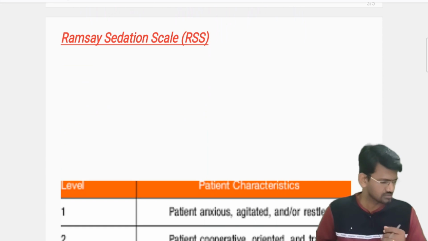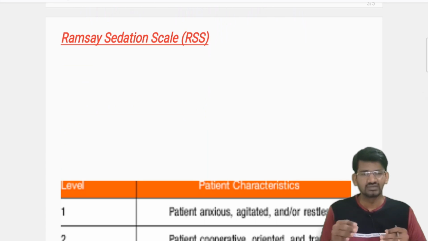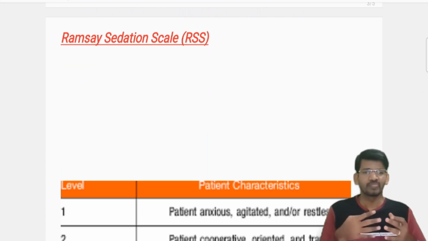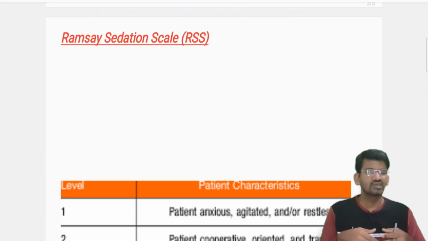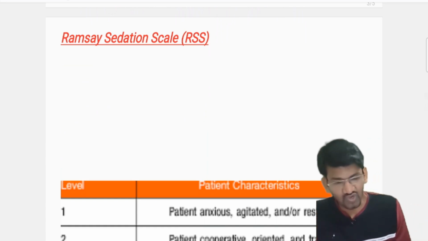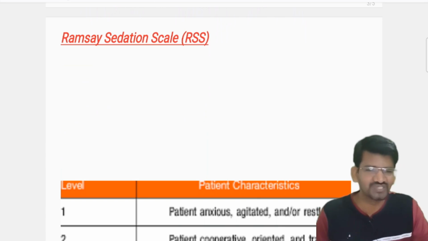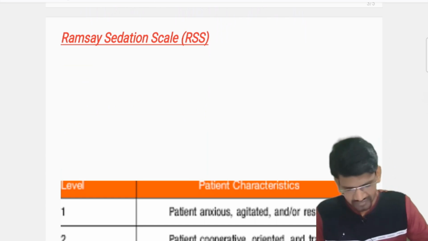We assess whether the patient is awake, sleepy, drowsy or in an unarousable state. It is called RSS. RSS here does not mean Rashtriya Swayamsevak Sangha. Okay, so this is the Ramsay sedation scale.